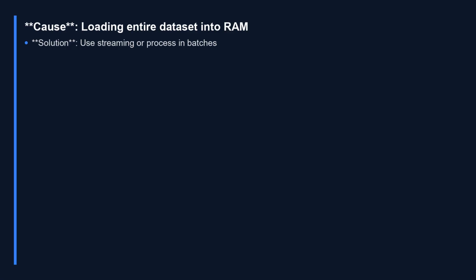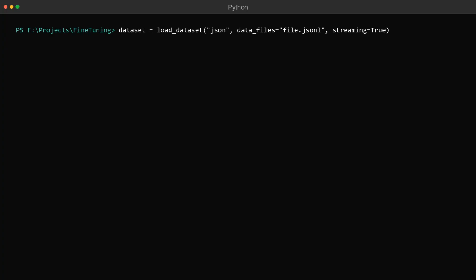If your dataset is large enough to cause RAM pressure during loading, the solution is streaming. Load examples one at a time rather than all at once. Setting streaming=True on load_dataset changes how data is accessed entirely. Instead of reading the entire file into memory up front, it returns an iterable that yields examples on demand.